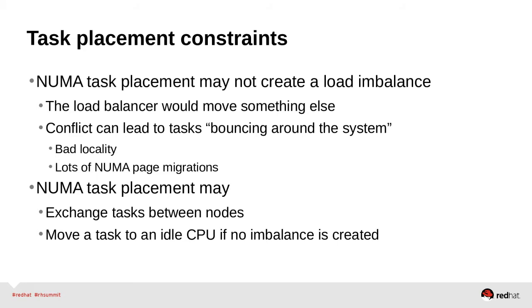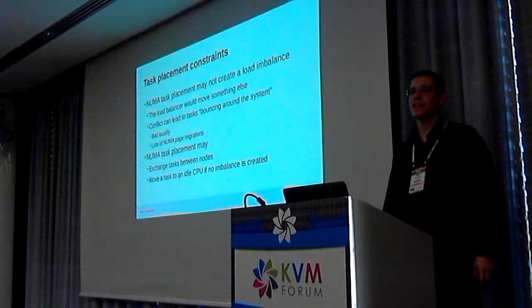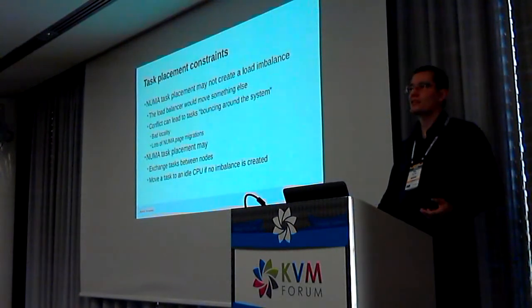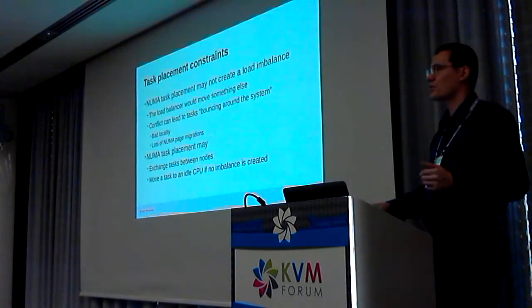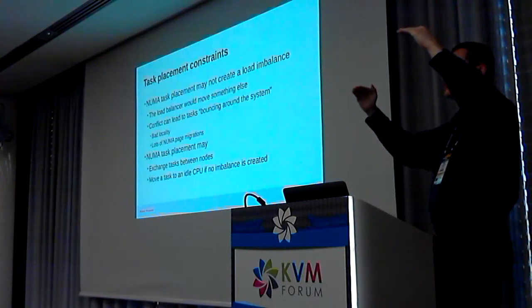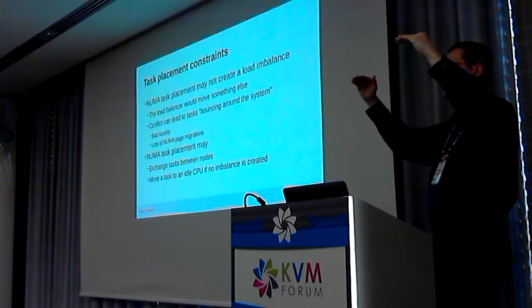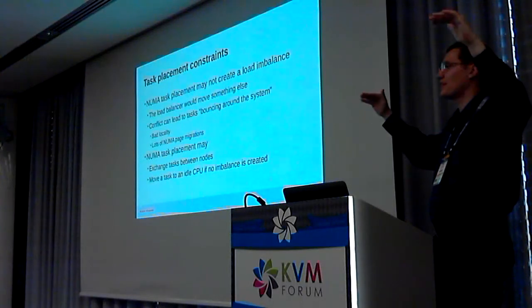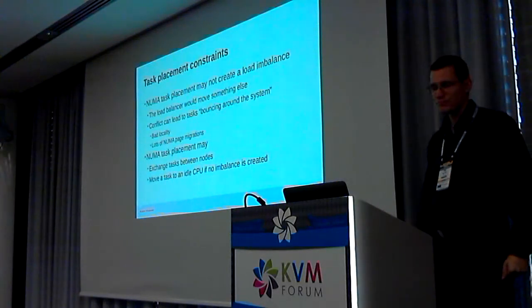The NUMA code is not the only placement code in the scheduler. There's also load balancing code, which looks at all the different parts of the system, and if there's an imbalance in load, the load balancer tries to even things out. So you have about the same activity everywhere in the system.